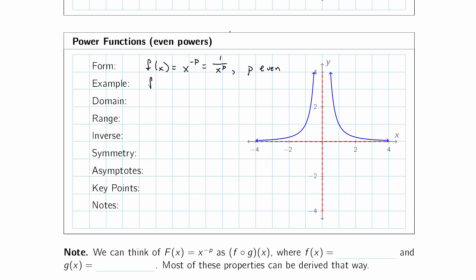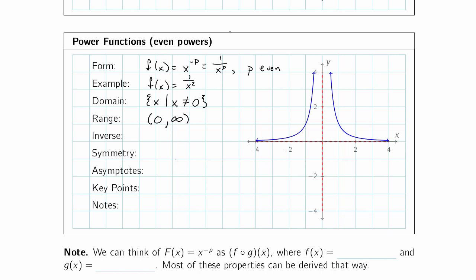Our example here is 1 over x squared. The domain of this function is, again, every number except 0. But now we notice that these are going to be fractions whose denominators are always positive. In other words, the output of this function can only be a positive number. The range consists of only the positive numbers and not 0.